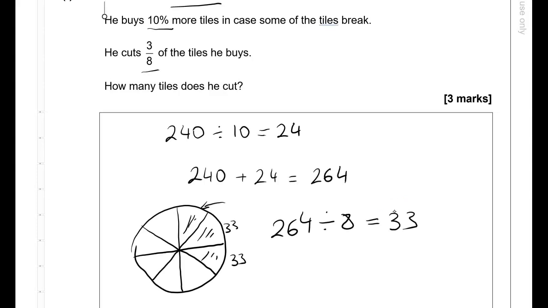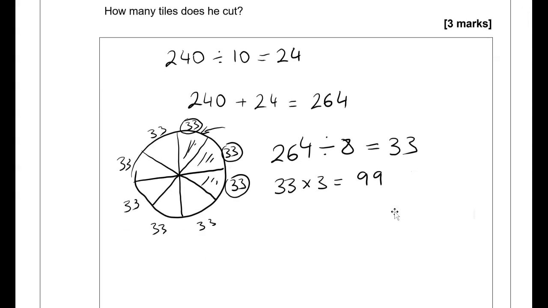So each of 3 parts is equal to 33, to give you an idea. We're looking at 3 of them, so 33 and 33 and 33. So 33 times 3 gives us 99. So he cuts 99 tiles.